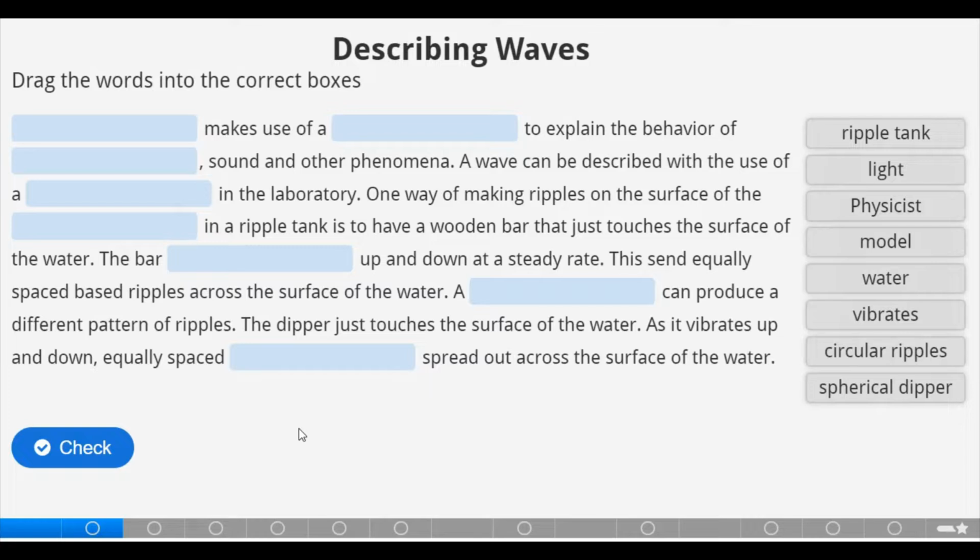Describing waves. We are going to be given a definition of waves by dragging the words into the correct boxes. All right, let's start.